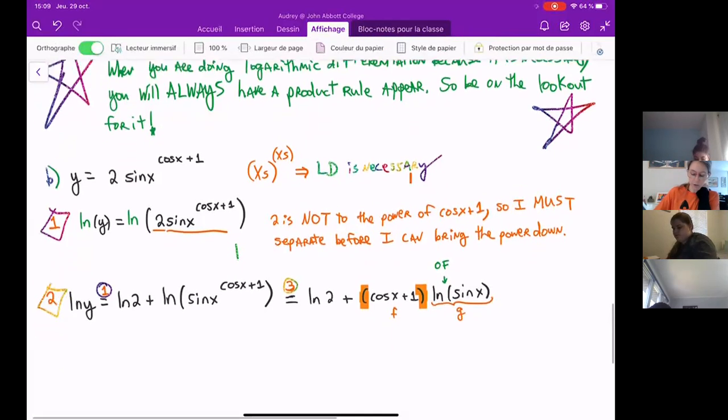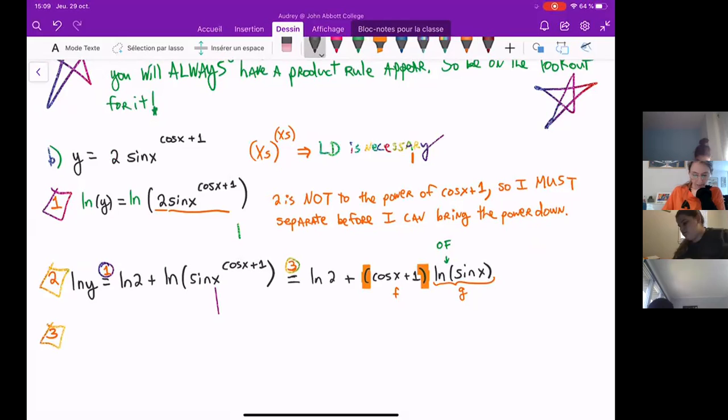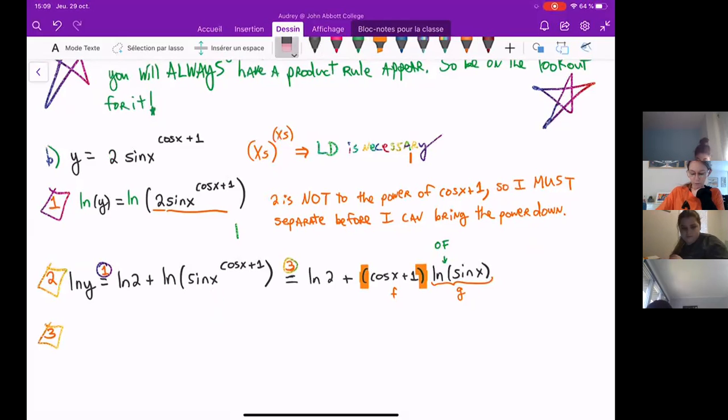So now I can take my derivatives. What's the derivative of ln y? I know I ask you every time, but this way you'll never screw it up. Y prime over y. Good job. Then what's the derivative of ln 2? The thing that you guys all missed on your tests.